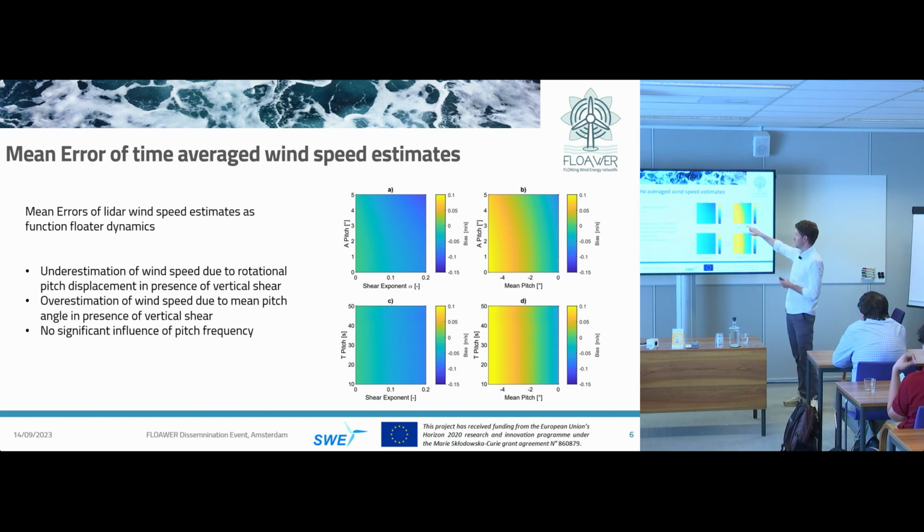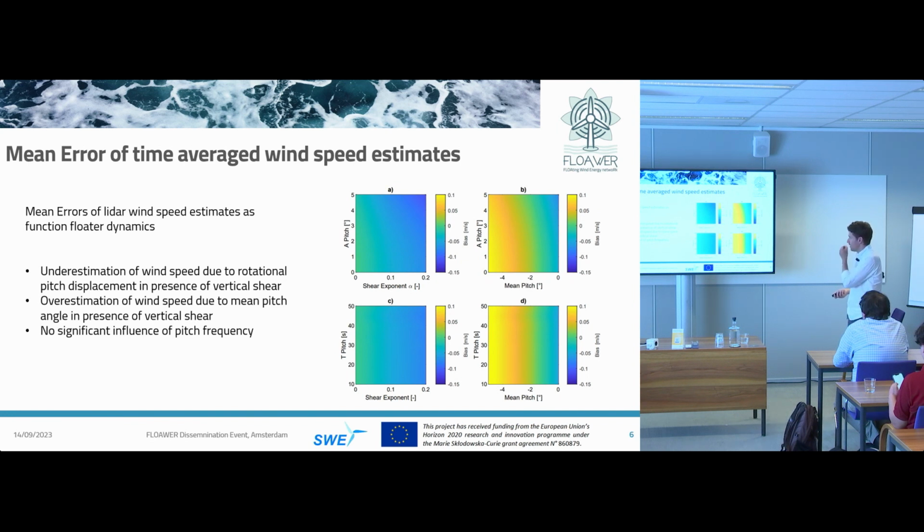So we can basically evaluate bias in the wind speed measurement as a function of different dynamic parameters of the turbine and environmental parameters like the shear exponent of the wind field. We don't have to go through the color maps in detail.